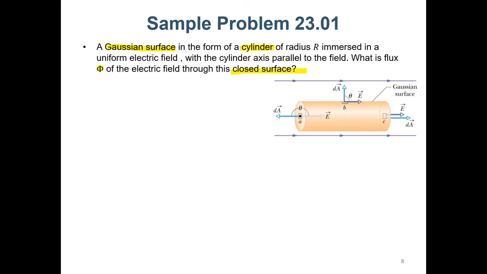For the cylindrical coordinate, you have a polar coordinate with the z-axis added to it, then it is a cylindrical coordinate. So here we have a cylinder, and what is the flux going through the closed surface?